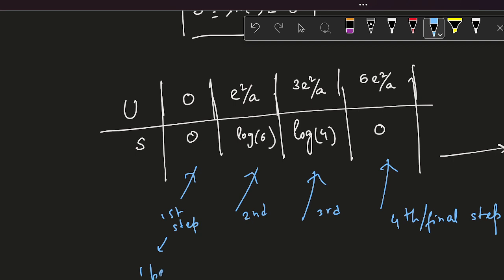This is when you have only one particle in the system. The second step is when you have two particles in the system to deal with. Third step is you have three particles in the system. The fourth step is that you have four particles in the system to deal with. And we have found the answer.